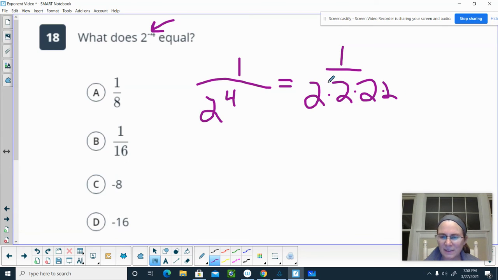Now let's put this in standard form. 2 times 2 is 4, times 2 is 8, times 2 is 16. Now that I have all my forms written out, I'm going to find one that matches. And here it is.